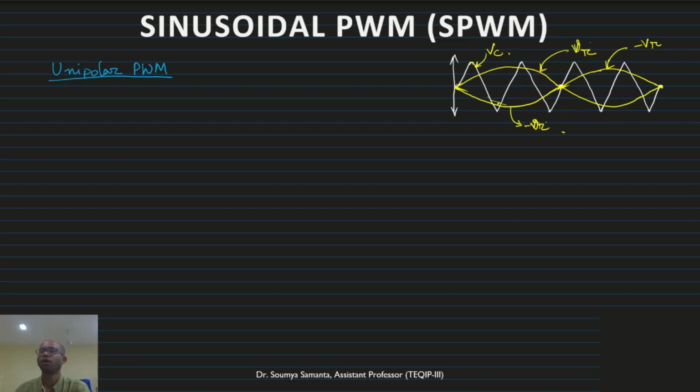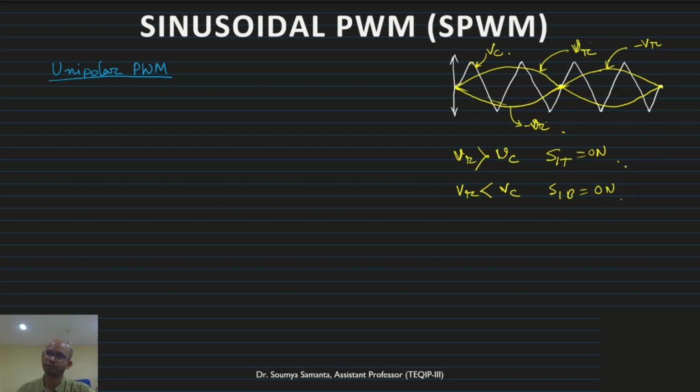Now what happens? The condition is such that whenever VR is greater than VC, then naturally S1T will be on, and when VR is less than VC, S1B will be on.